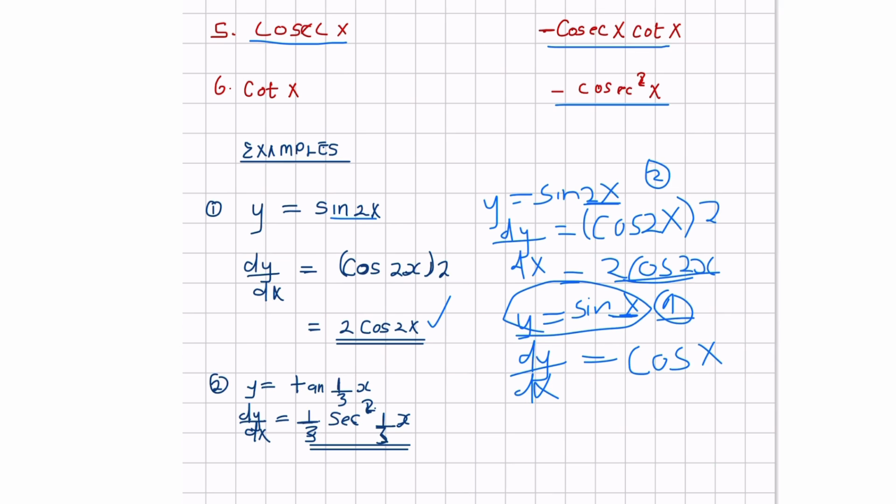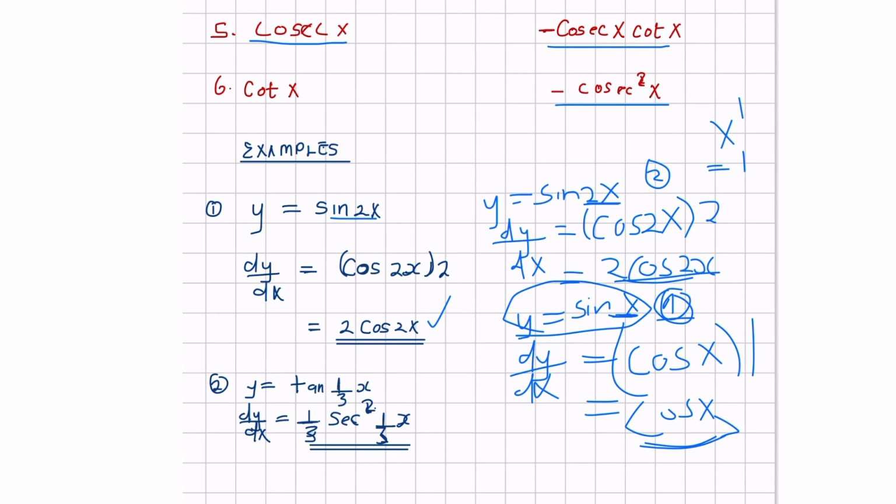Because the derivative of x here is 1, if you differentiate x to the power of 1, you're going to just get 1. Are we clear about that? That is why here, if you multiply by 1, you're just going to get cos of x, right?